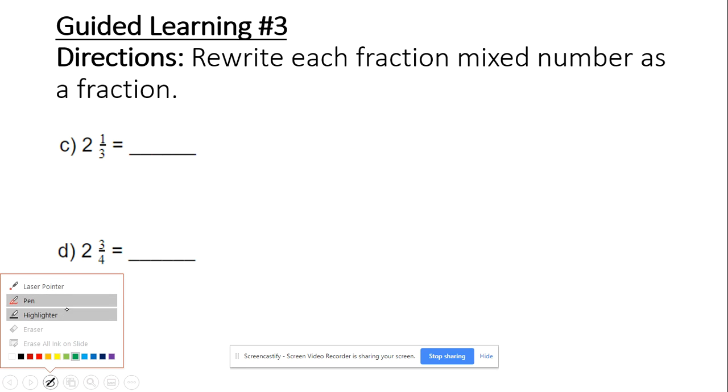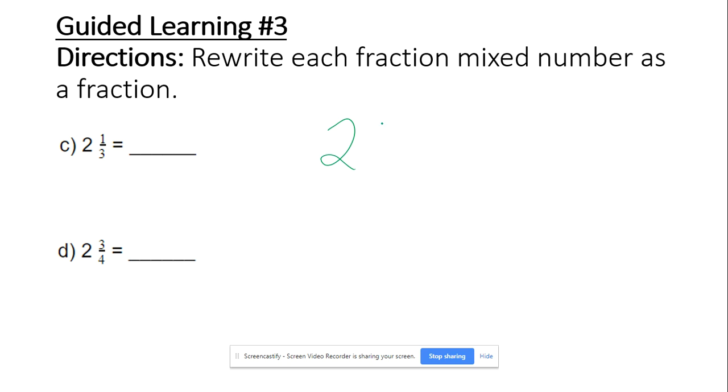All right, last one. 2 3/4. Once again, we're going to break it up. That would be 1 plus 1 plus 3/4. We're dealing with fourths, so we can rewrite 1 as 4/4.